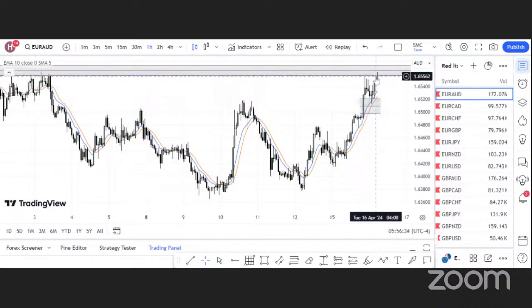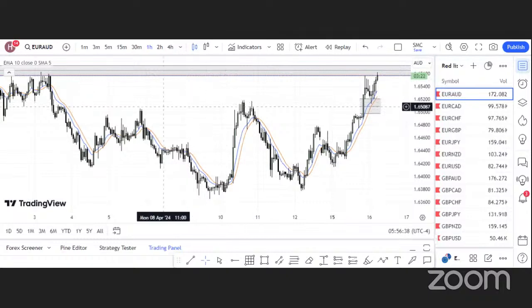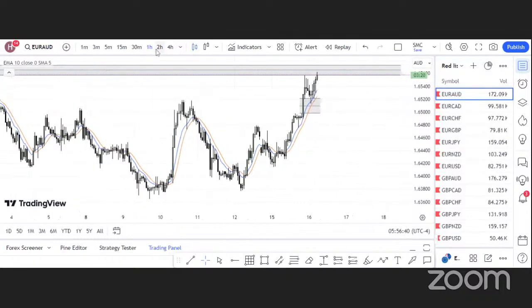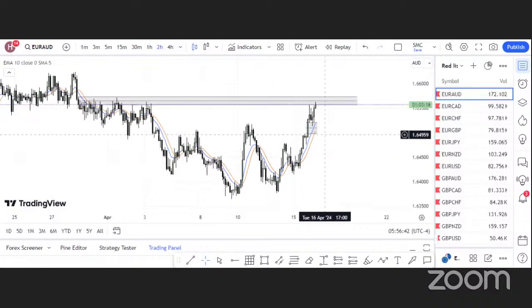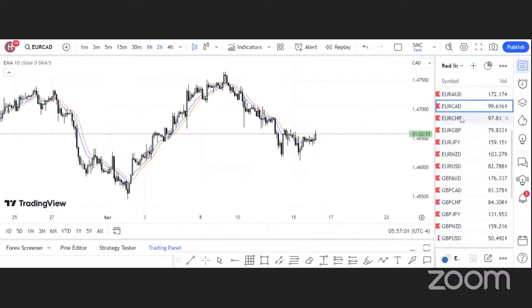So what we are having here is a continuation of this trend. We are not going to place a sell position on a candle or a trend that is showing a bullish continuation pattern. Okay. All right, let's quickly look out for another one.